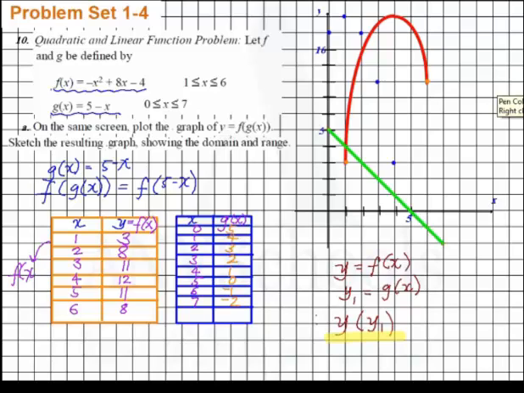I already plotted the points with my own algebra, but you can use the grapher to confirm if my graph is similar to what you get. So I will connect all of the points here.